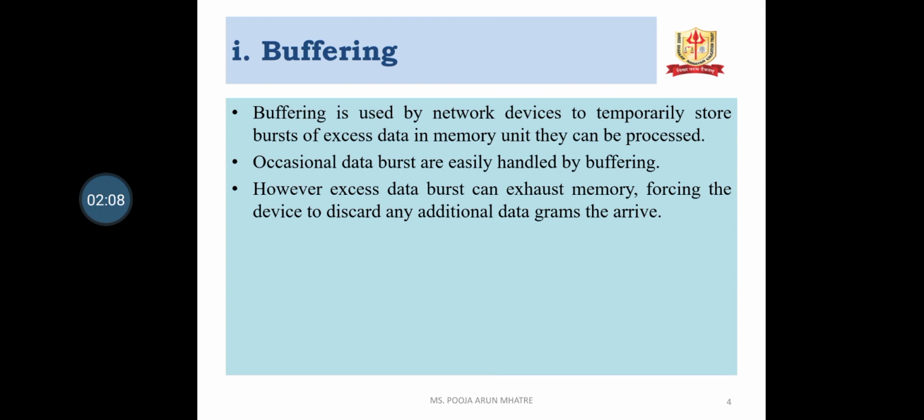Buffering is used by a network device to temporarily store bursts of excess data in a memory unit so they can be processed. Occasional data bursts can easily be handled by buffering.